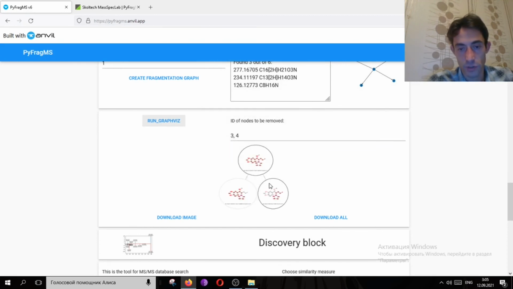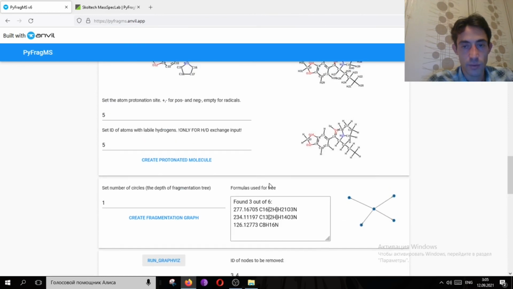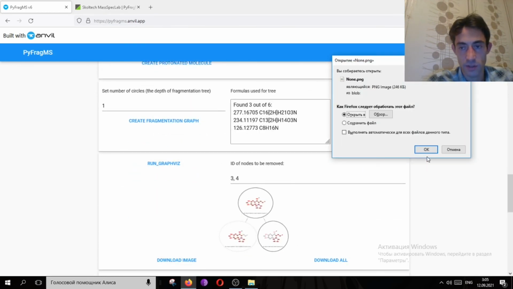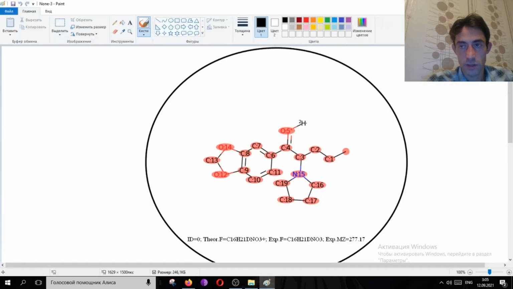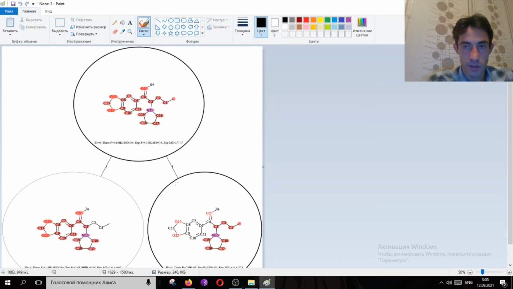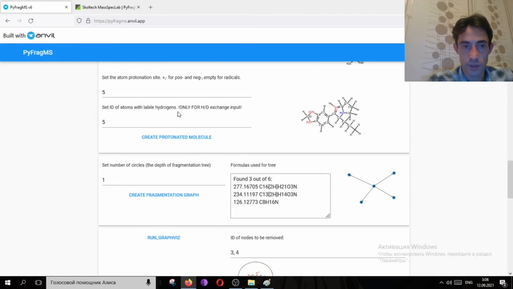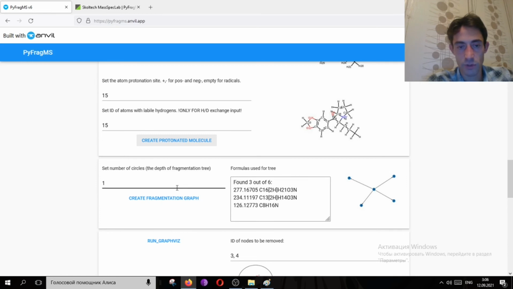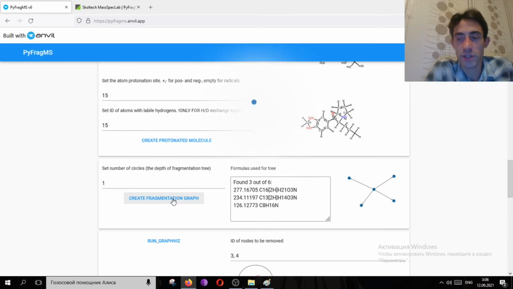So let's download the image. And if we protonate, say, nitrogen, do not forget to deuterate it. Now nitrogen is protonated. Let's calculate the fragmentation tree.